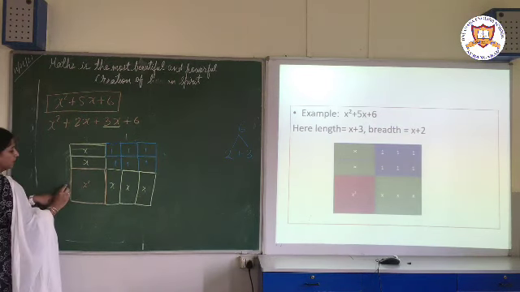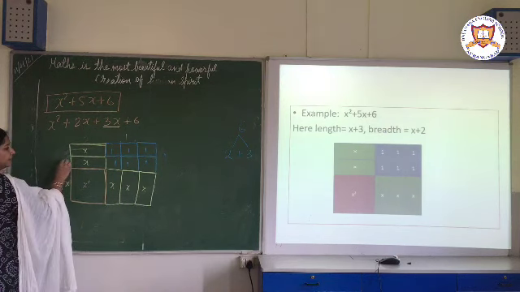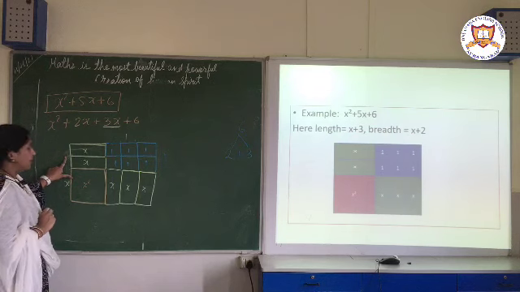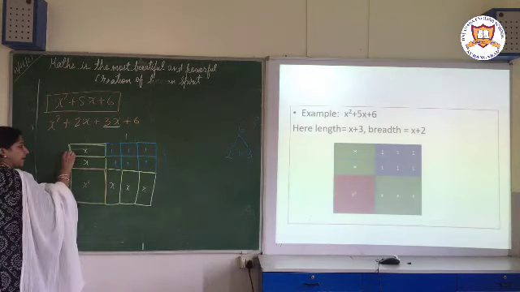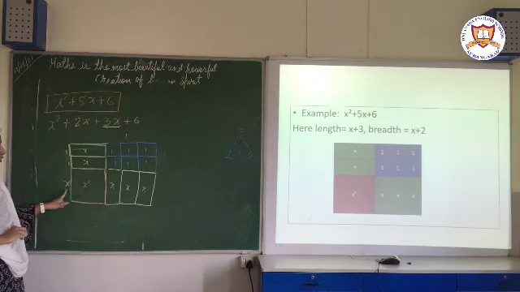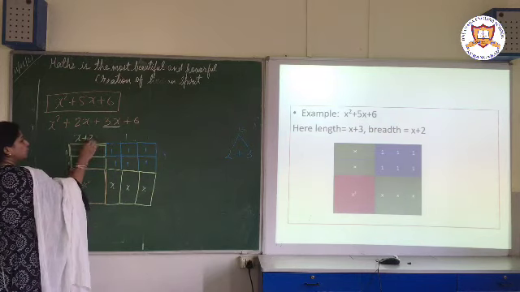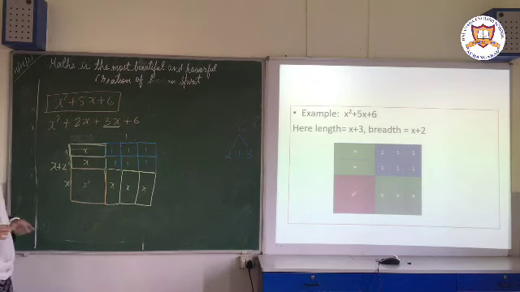Now here this is x square, this is x, and there are 2 x's, but if we take the breadth, and as I told you earlier, breadth is 1, it can be written as x plus 2.